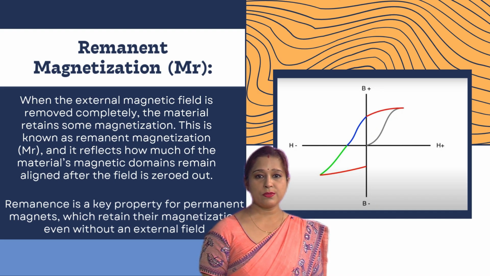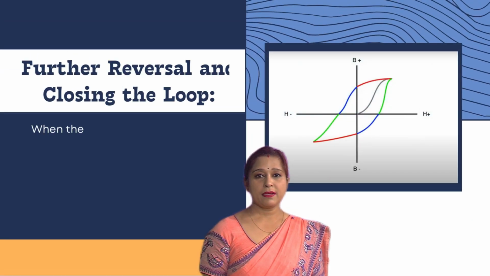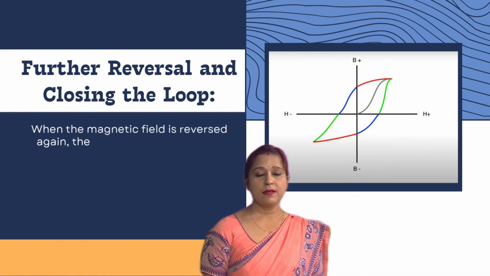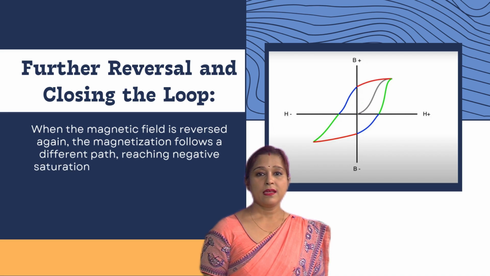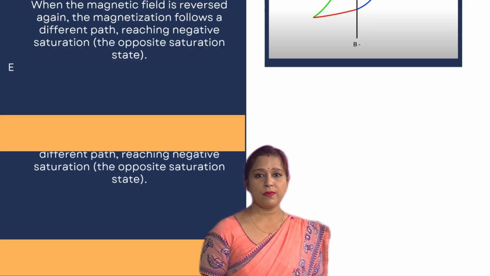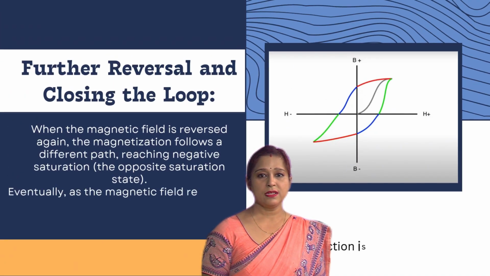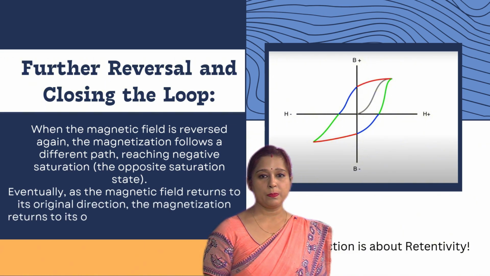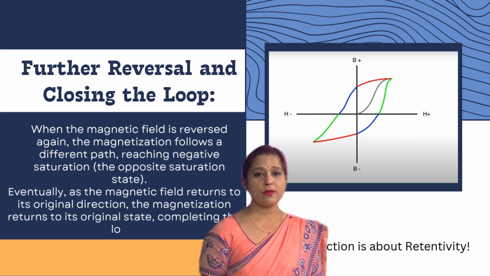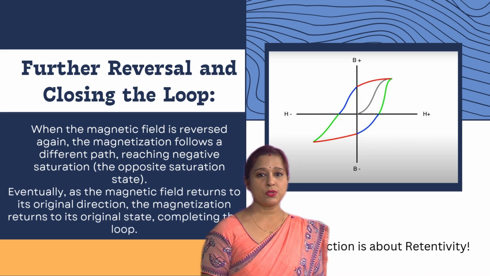When the magnetic field is reversed again, the magnetization follows a different path, reaching negative saturation in the opposite direction. Eventually, as the magnetic field returns to its original direction, the magnetization returns to its original state, completing the loop. So this is how a hysteresis loop forms.